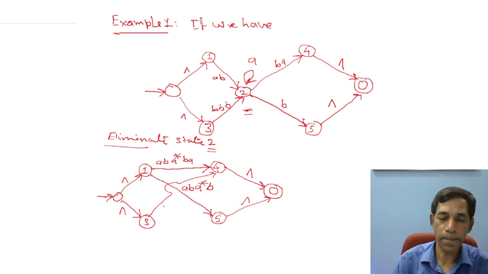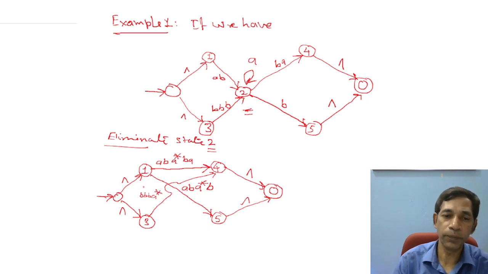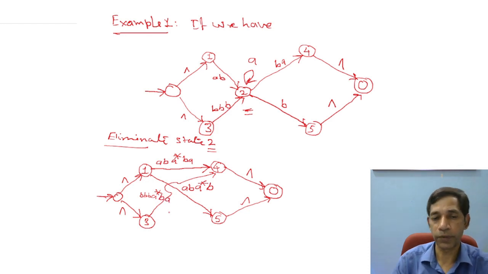From 3 to 2, you go for BBB, then A Kleene star, and then you have BA. So this is the regular expression.